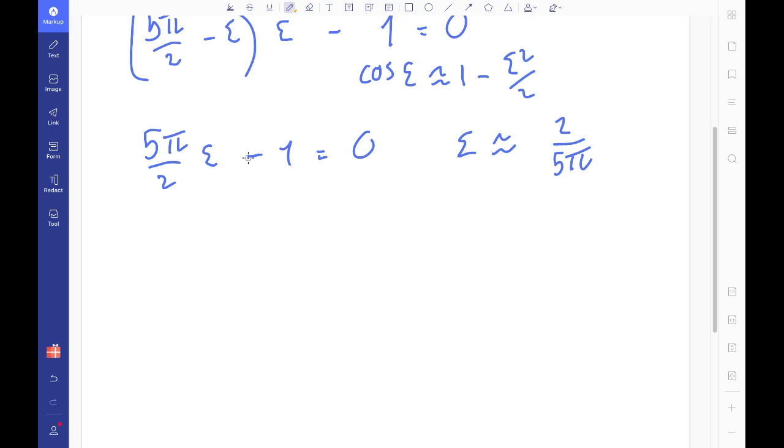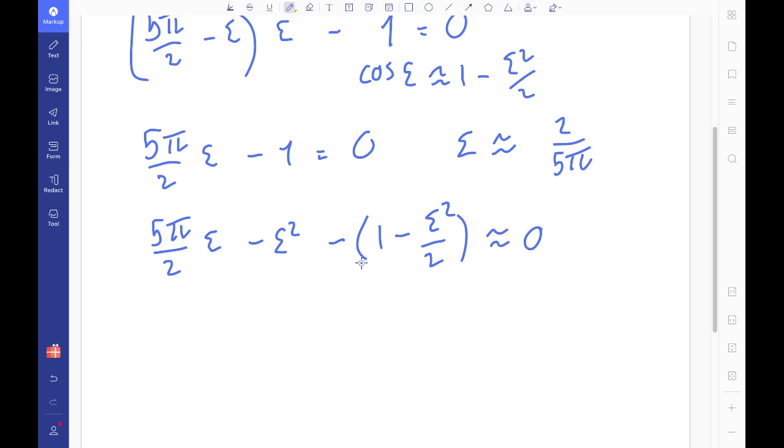It's going to turn into a quadratic when we consider the epsilon squared values. So if we do that, we're still going to get 5 pi over 2 times epsilon from our first bracket, but we're also going to get a negative epsilon squared, and we're going to take away from that 1 minus epsilon squared over 2. And we're going to set that approximately equal to 0.